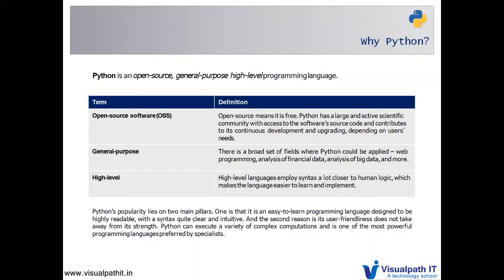In languages like C, if you want to just combine two strings, you might need to write, say, 50 lines of code. And that's the reason why it is more defined at a low level and also a low level language.